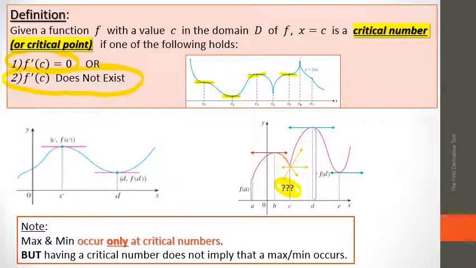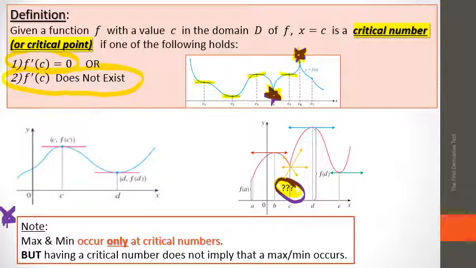Is the slope negative or positive or 0? Right here, we have a slope that does not exist. And right here, we have a slope that does not exist. So, DNE, DNE, DNE. Note down here at the bottom, max and mins occur only at critical numbers.